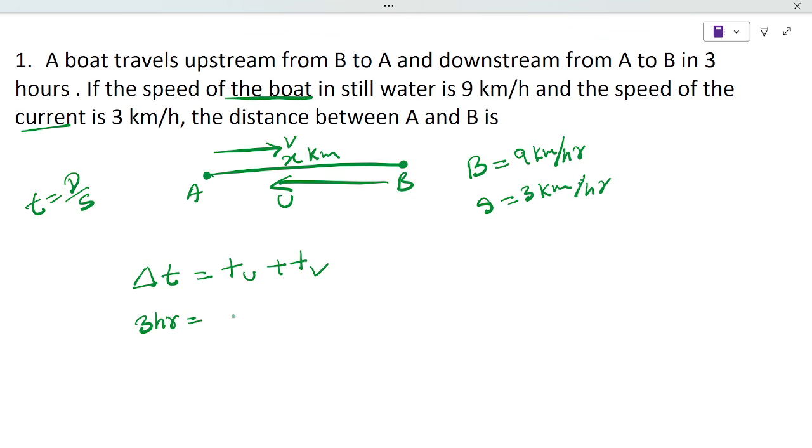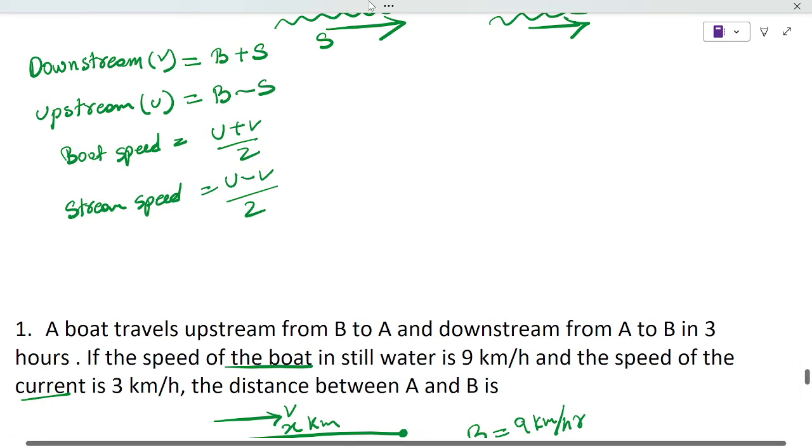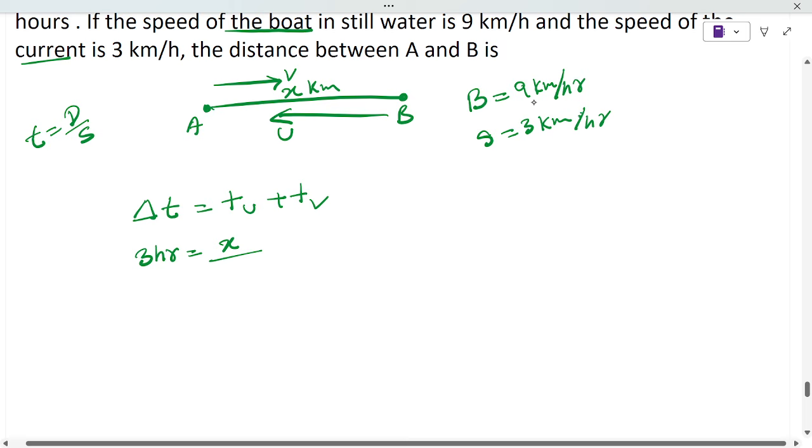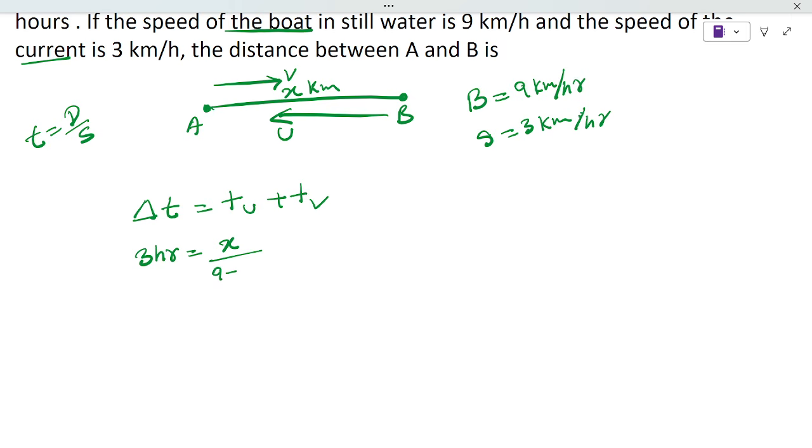So the distance is X kilometers from A to B, divided by the upstream speed, which is boat minus stream: 9 km per hour minus 3 km per hour. Downstream, the distance is also X but the speed will be plus. So 3 is equal to x by 6 plus x by 12.